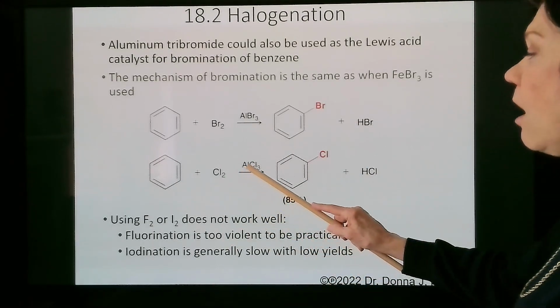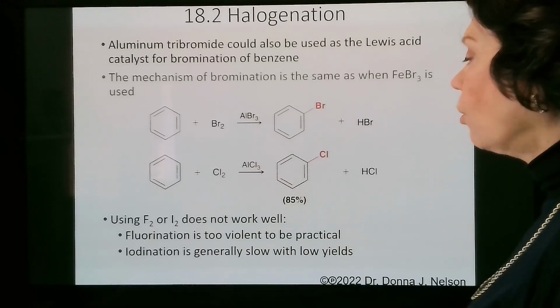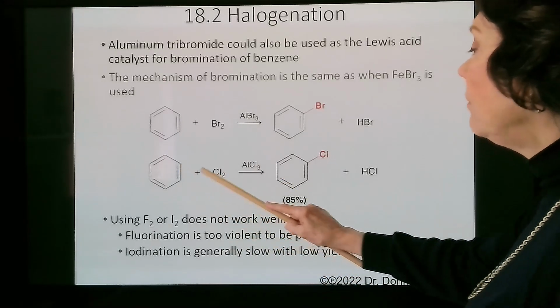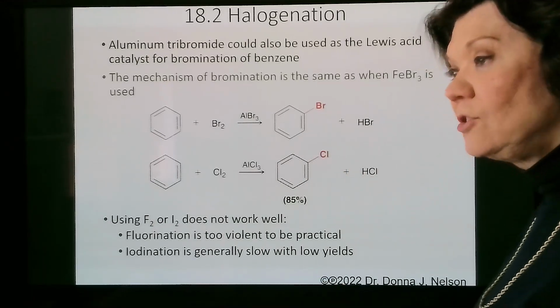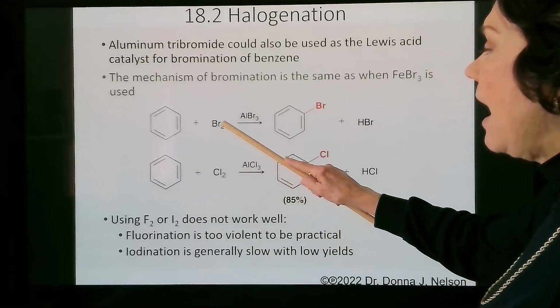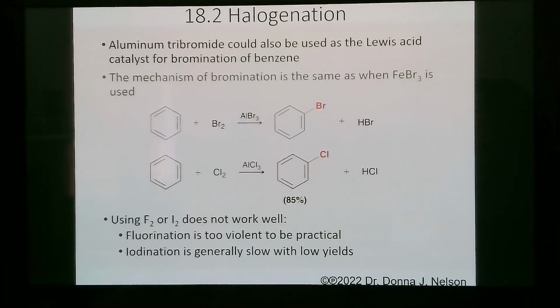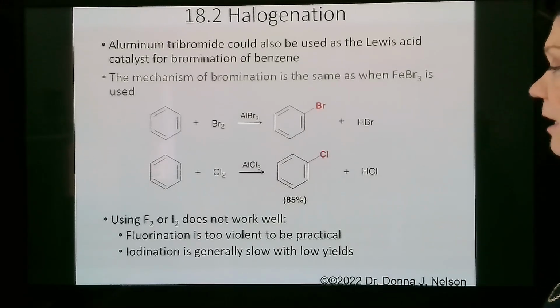Now, you can also have chlorination using aluminum trichloride with chlorine. And so the mechanism is exactly the same. The steps are exactly the same, except instead of adding a bromo substituent, you're adding a chloro substituent. And so I don't think the mechanism is even in my slide deck.